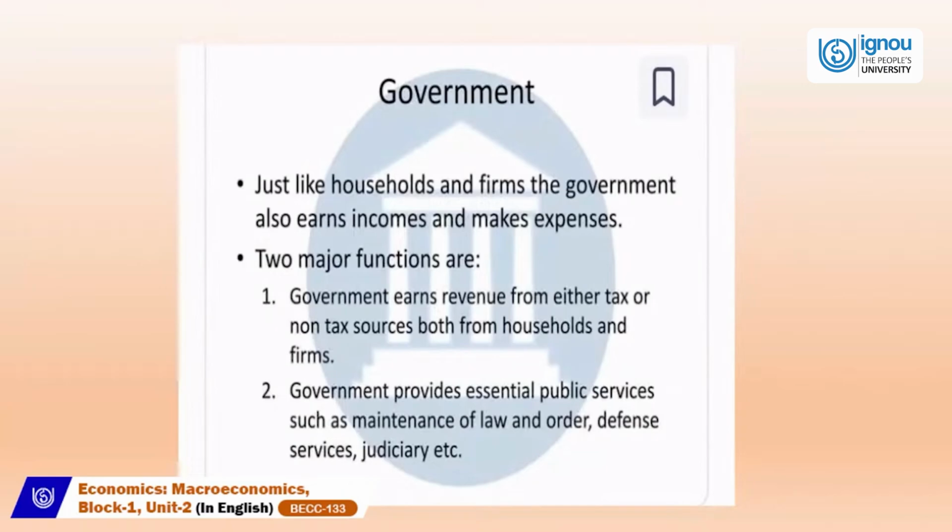Of course, the government provides all those government services like public services, maintenance of law and order, defense services, judiciary services, hospital services, and all that. And of course, they also earn income from all these public services either through tax or non-tax.